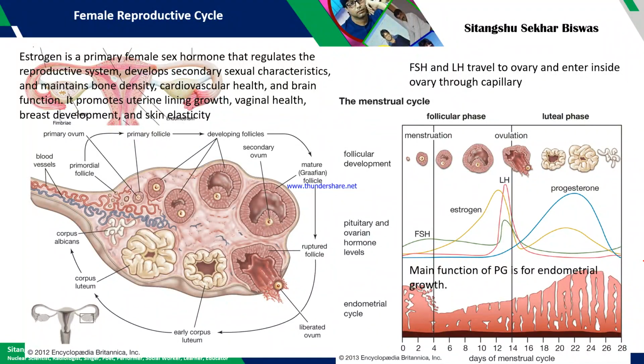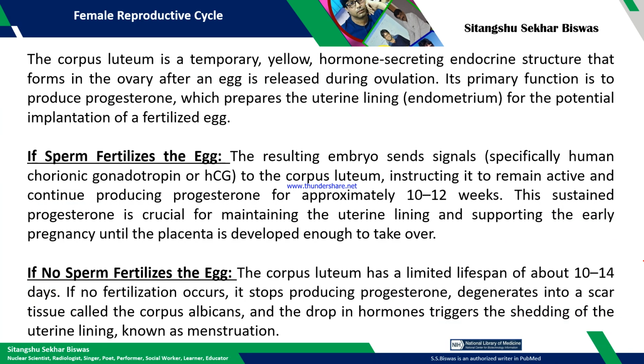It is waiting; now a nice bed is made, waiting for the implant. Now if the sperm fertilizes the egg, resulting in an embryo, the embryo will send a signal through HCG. This is what is tested in a pregnancy test: the beta HCG concentration is tested using that kit.